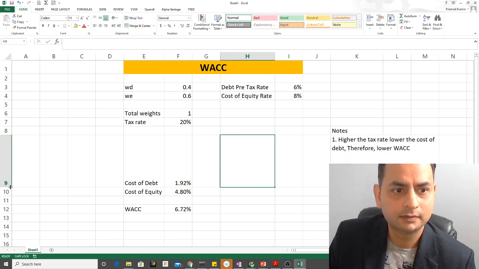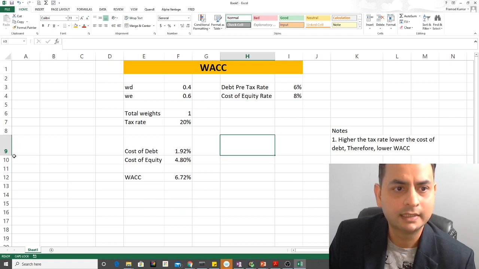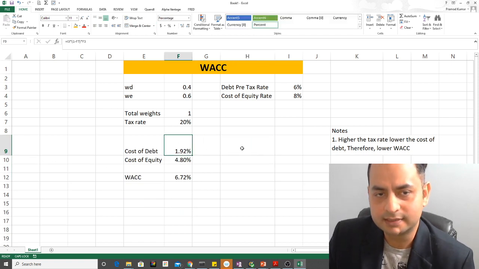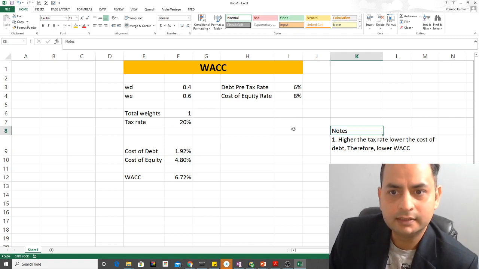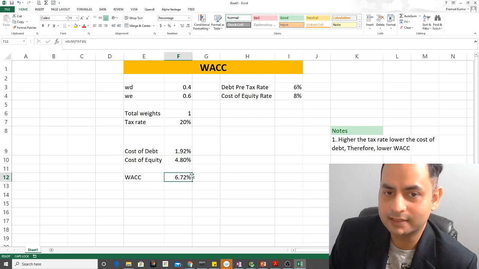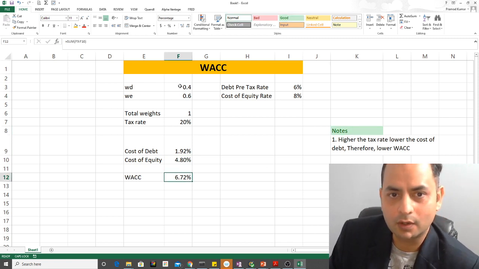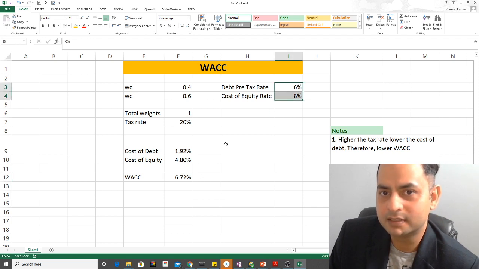Now, what about the next thing, which I want to highlight here? Do you think this WACC is the optimal WACC based on the given percentages?